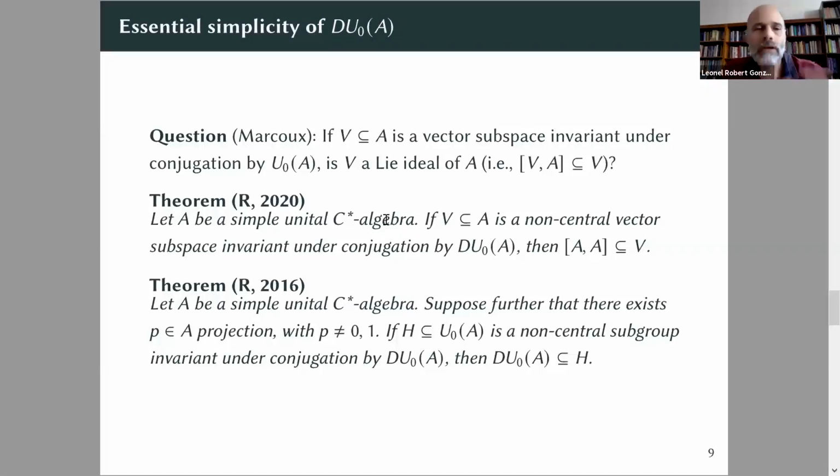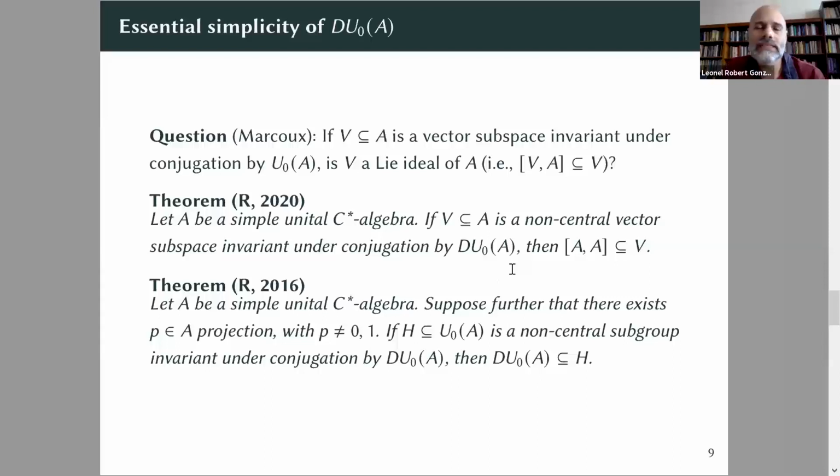Okay, so moving over to the multiplicative theorem. Unfortunately, there is a technicality here in the passage from one theorem to the other, where I need another technical assumption. In this case, there are options for what you can do, but in this theorem, the technical assumption is the existence of a non-trivial projection.